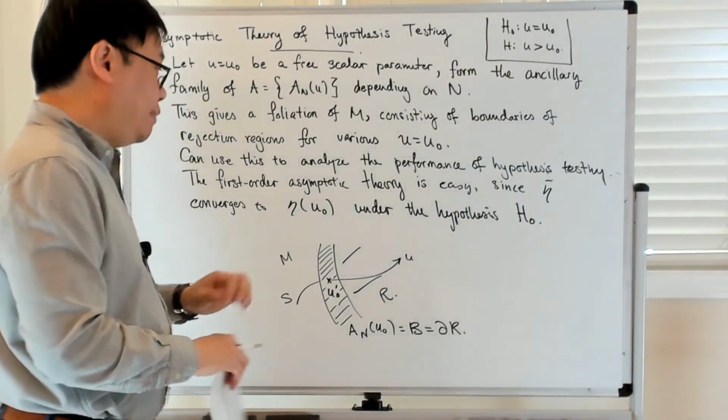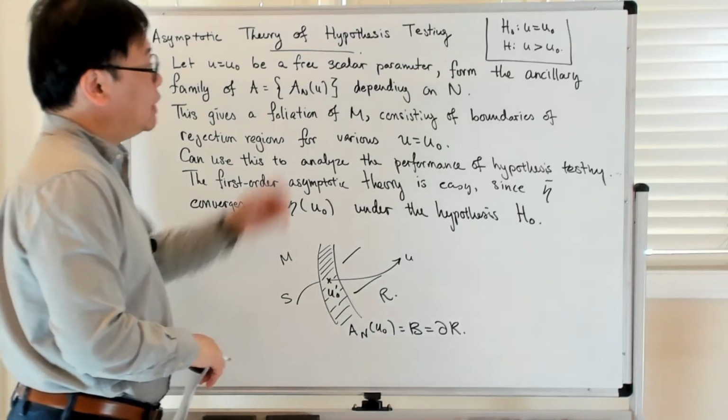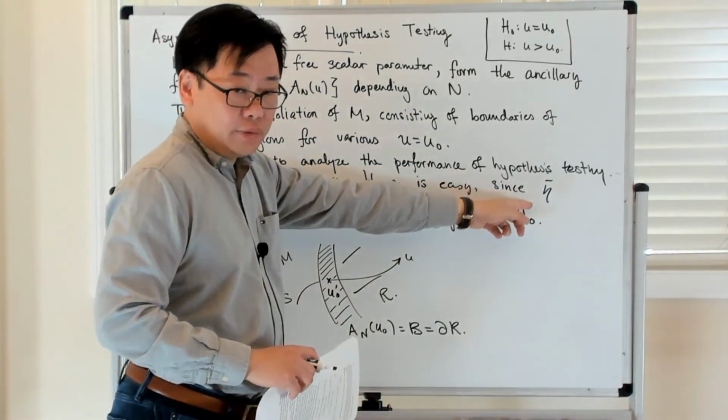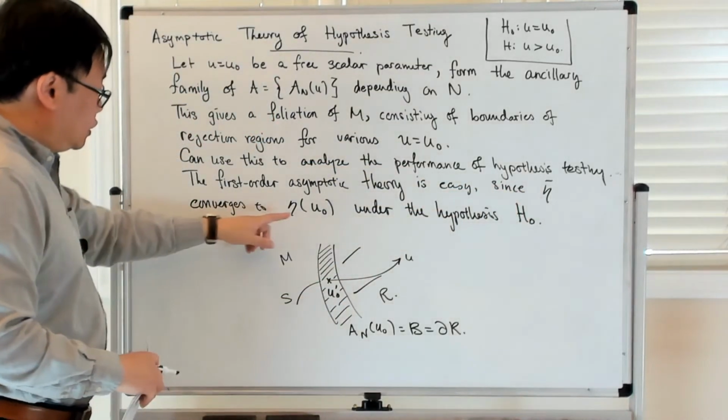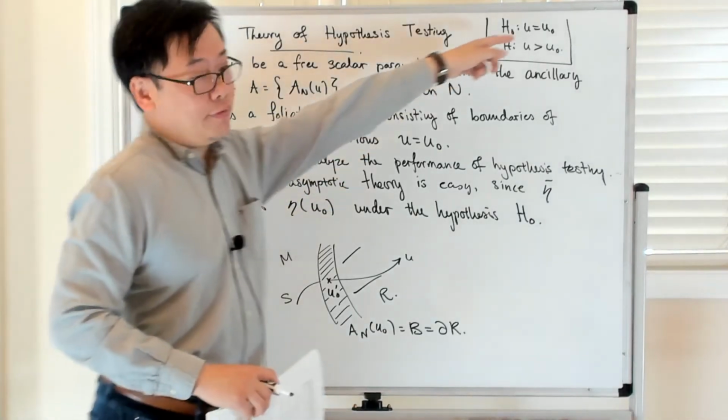What that basically means is that if it was indeed true that the null hypothesis was satisfied, which is that u is equal to u0, then this estimator which you construct from the observed data is going to converge to the dual coordinate associated with that value u0.